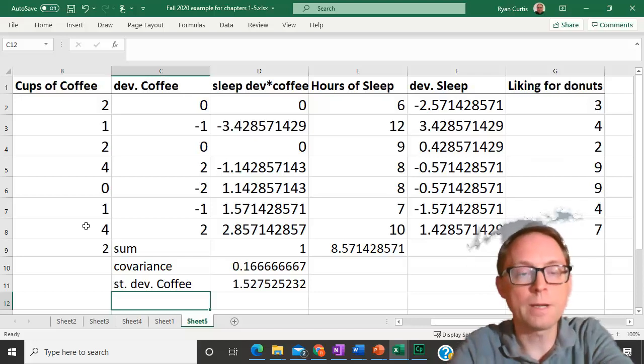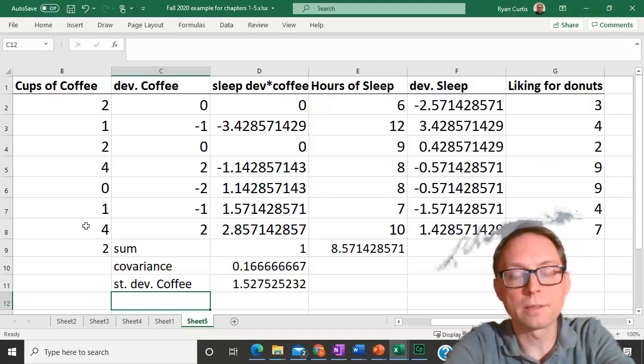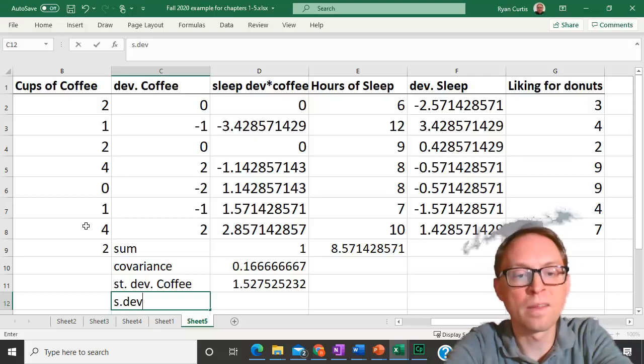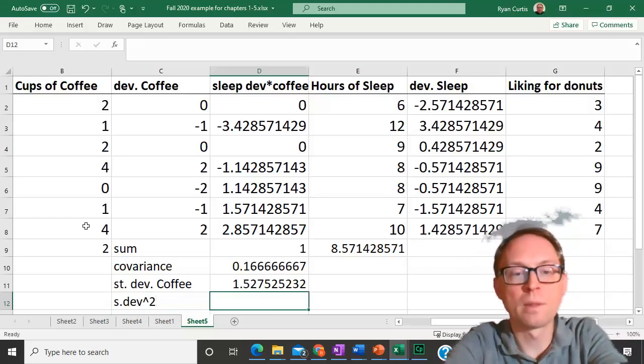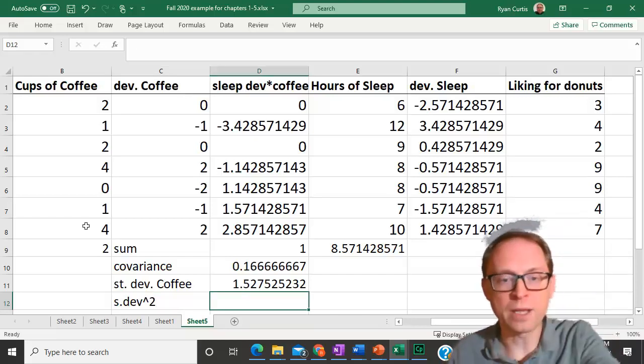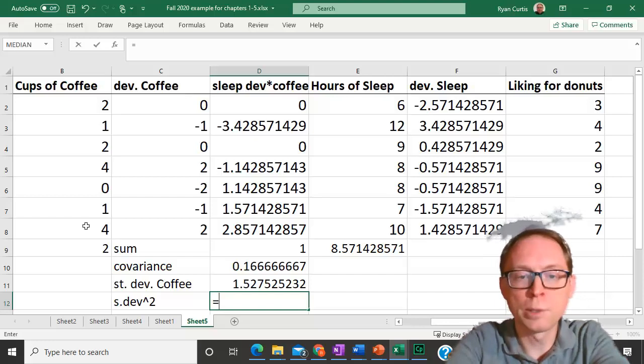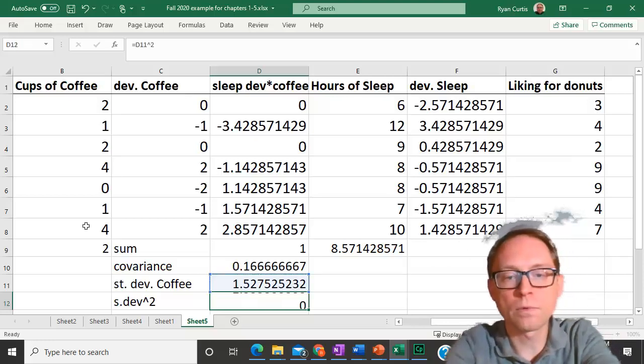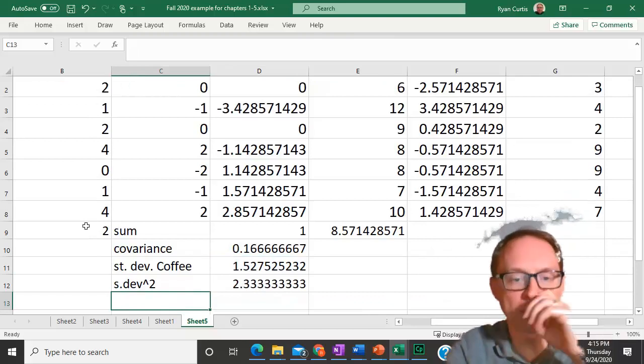All right? Well, then we need to square that. The standard deviation of cups of coffee squared. We know it's cups of coffee because that's the number I gave you. I said exactly 8 cups of coffee, right? So we're going to square this. We get 2.33.